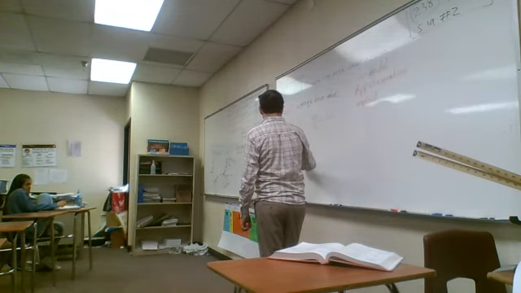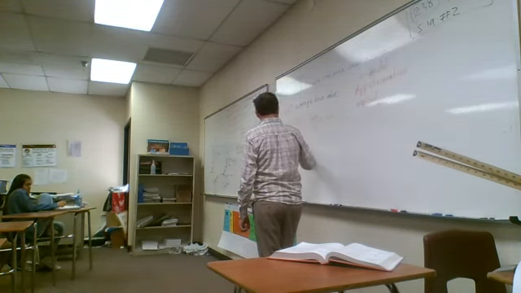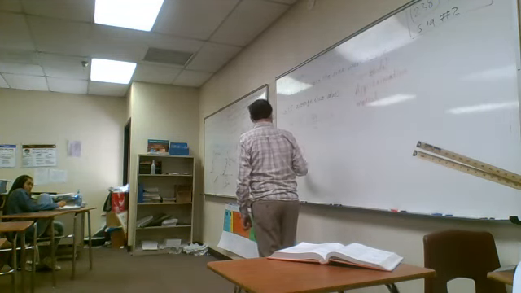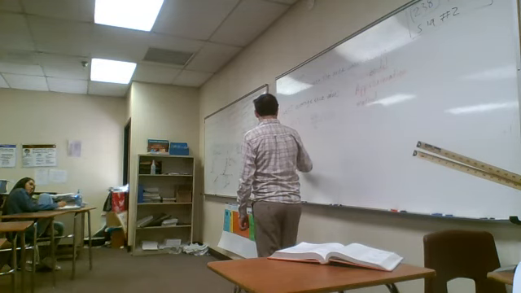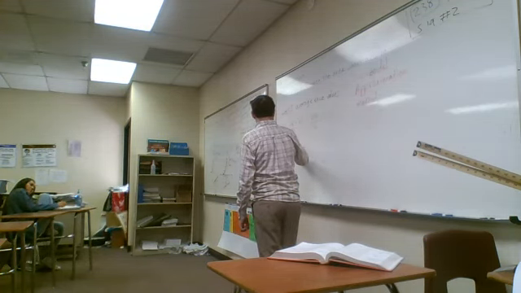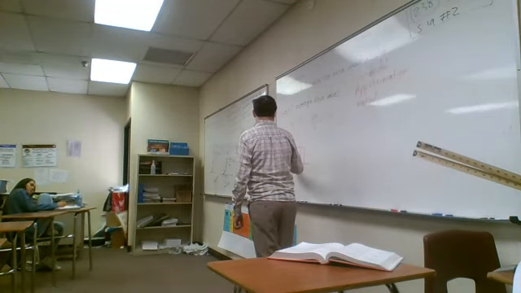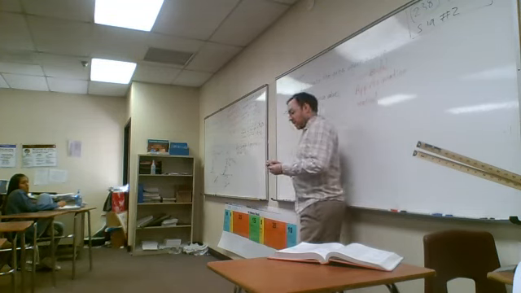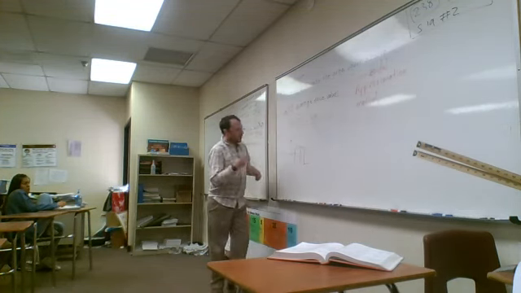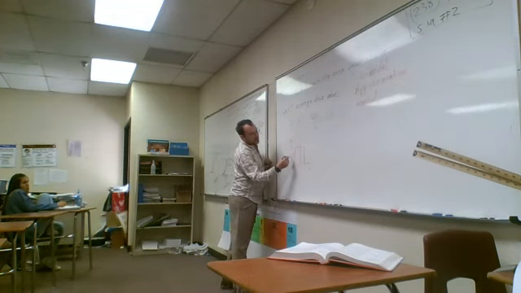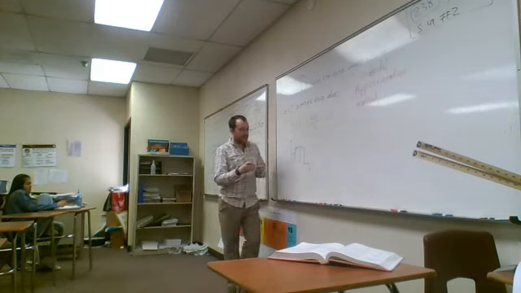Now I have to go up until I hit the line, go left, go down. Then go up until I hit the line, go left, go down, go up until I hit the line, go left, go down. Okay? So we can see here that there are these big chunks out here that it's overestimating.